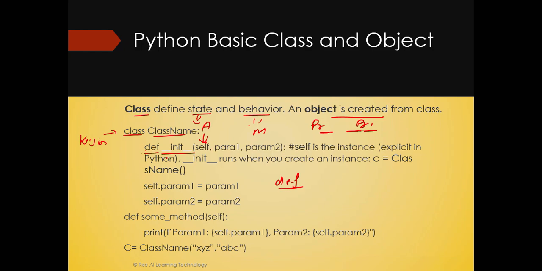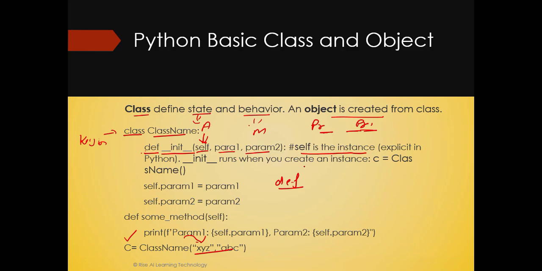Whatever object I am creating is passed to me as a parameter, followed by my further attributes. So self is the instance, whatever object you are creating. If I am creating C here, then C automatically comes here. I don't need to pass it, but in the constructor you need to declare it explicitly.